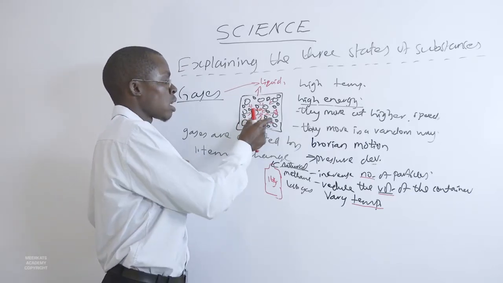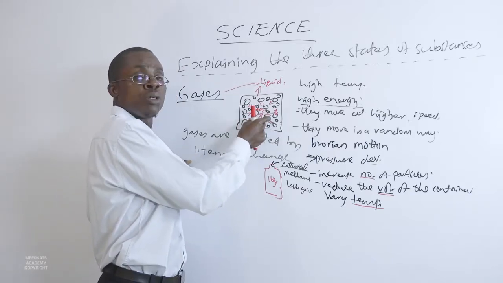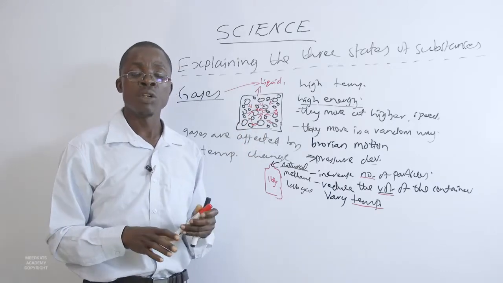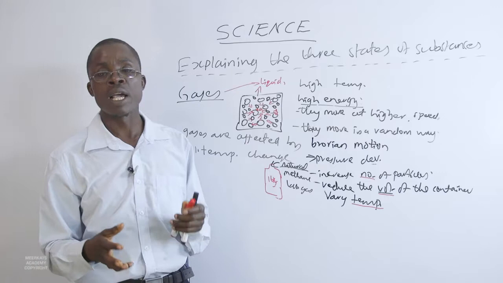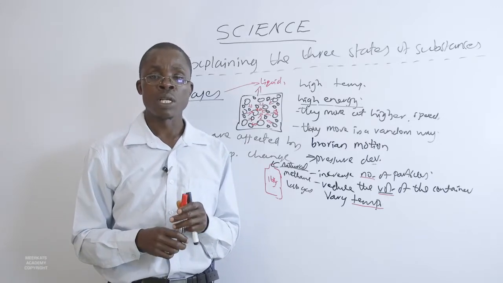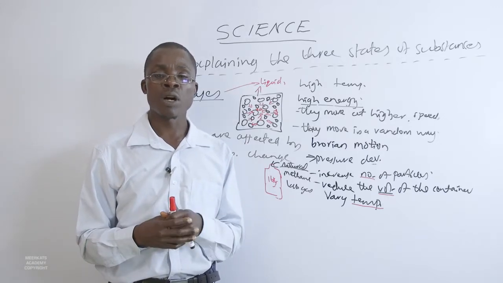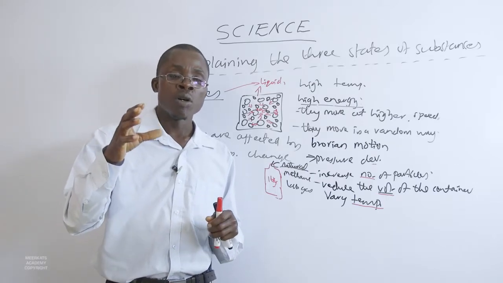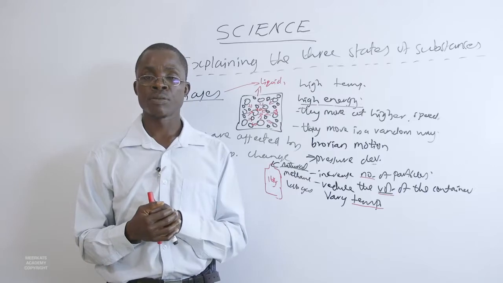When these particles have been pressured to be close by, just like you in that room, I've said you are supposed to be 30, now you are 90 in that room. Then all of a sudden you are told, now can we have some of you going out?